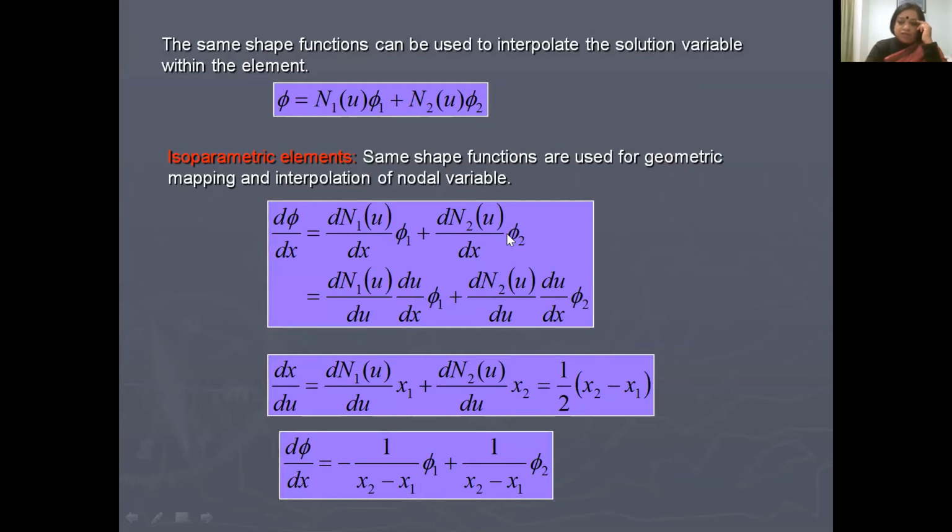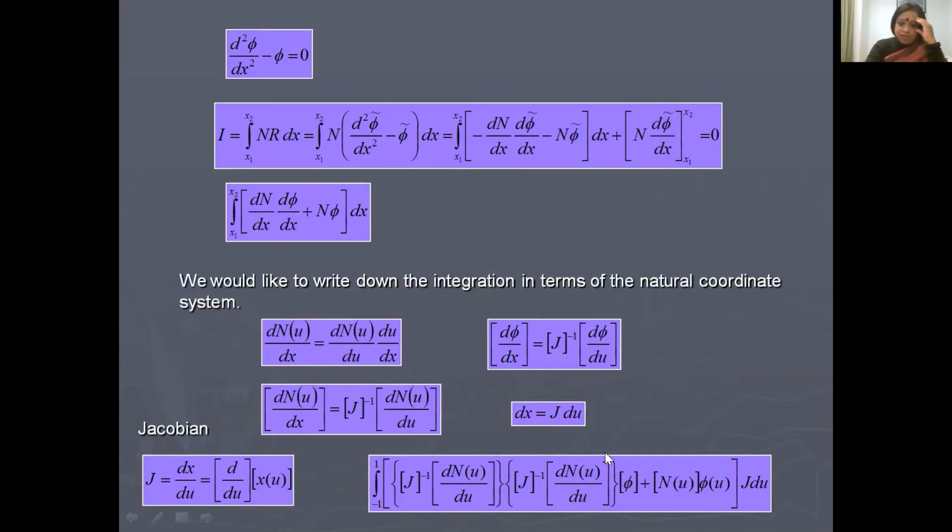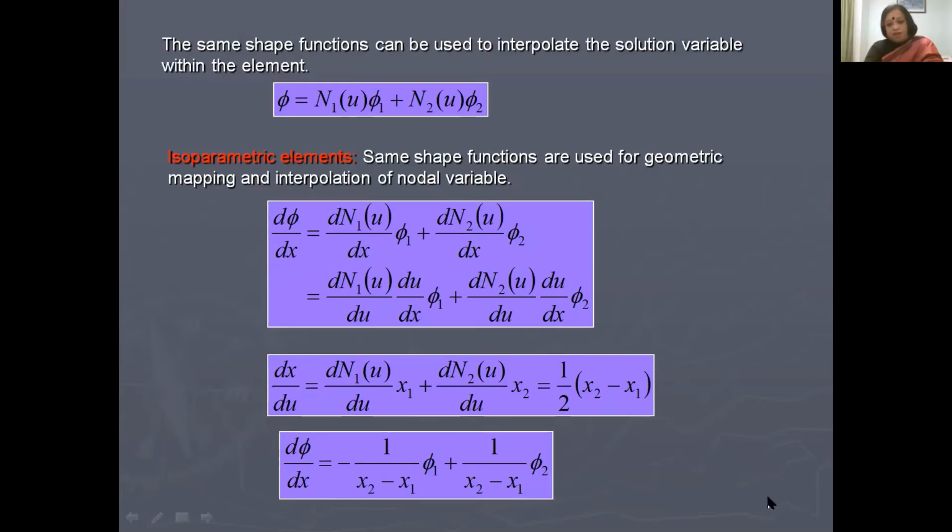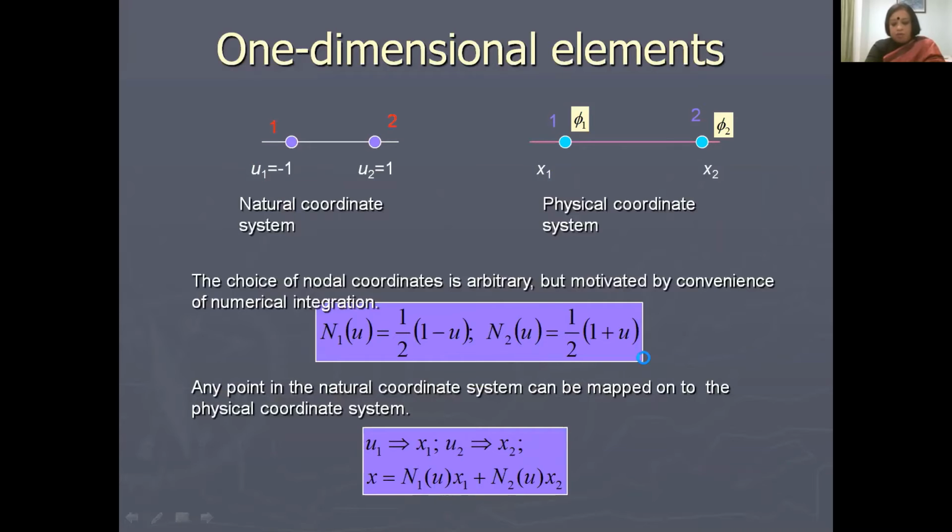So keep differentiating between the function phi and the nodal vector, which involves phi 1, phi 2, etc. So the function phi can be expressed as matrix n into the vector phi. That's exactly what we will do, but I haven't done it here. I've left the first term, the second term as it is. I have not taken out the nodal vector here. Sorry.